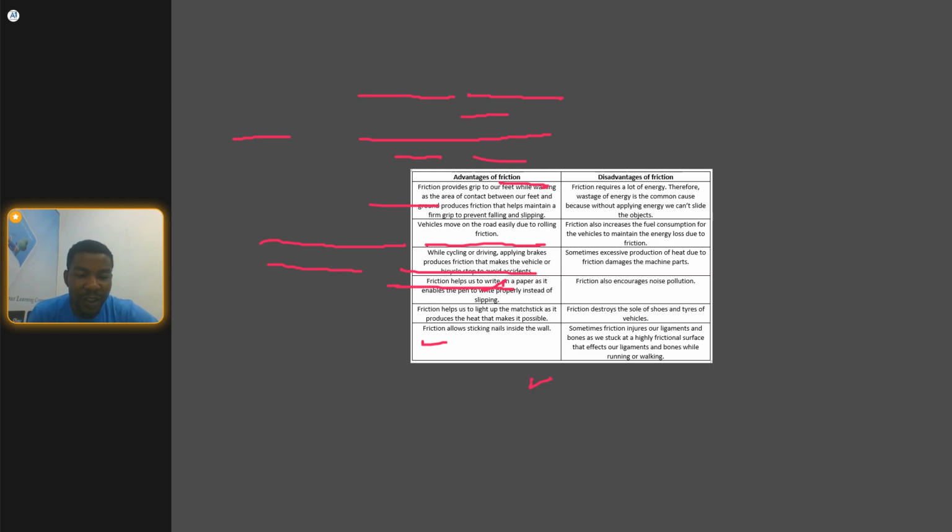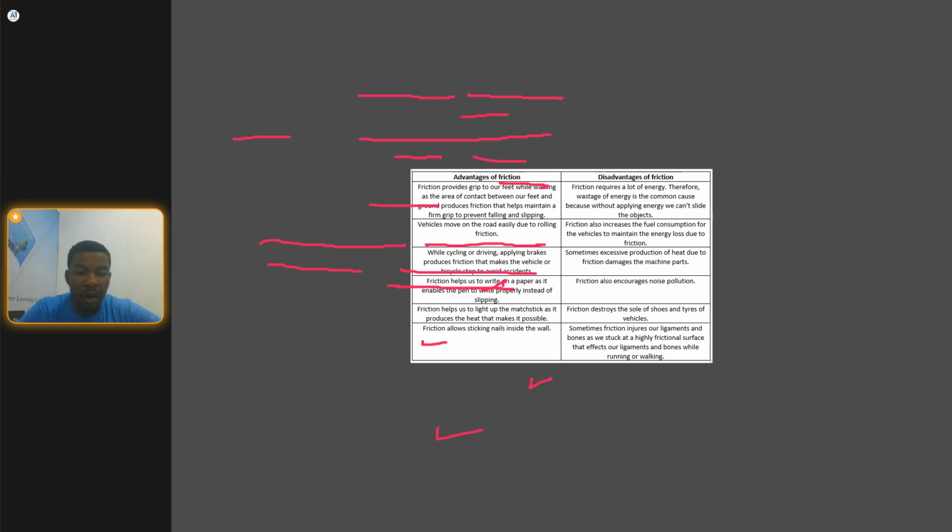Then friction allows sticking nails inside the wall. When you hit the hammer upon the head of a nail, what happens there is friction. And that is why it keeps going inside and inside the wall or the wood. Okay?